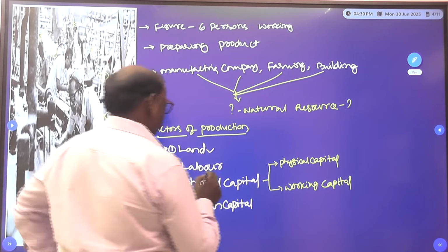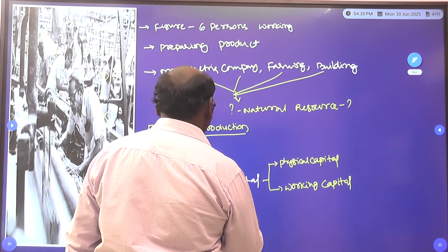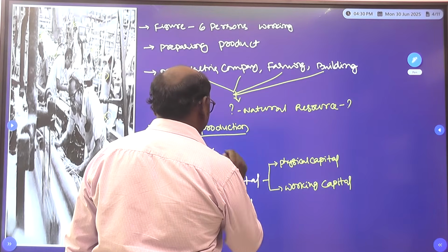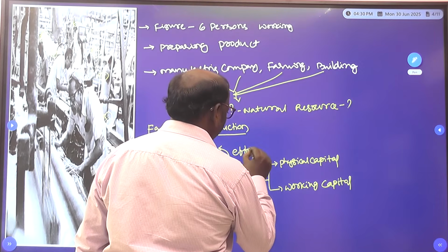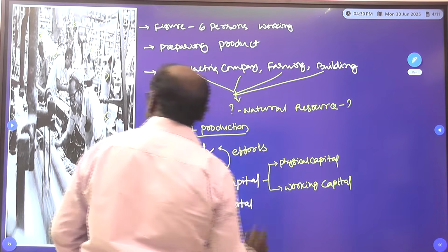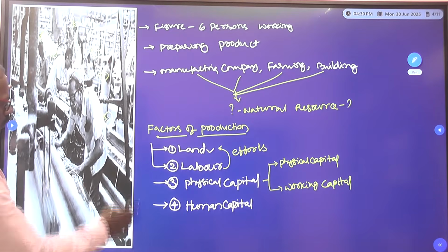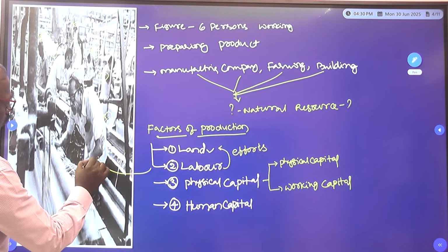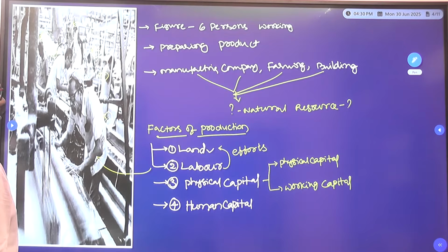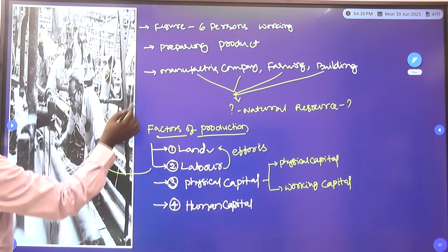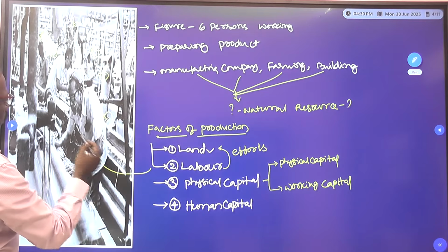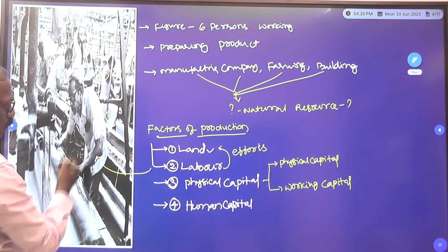Next, labor is also required, in order to put in the effort. Here, what are people doing? This is labor. All are labor. On top of land they have constructed one building, one company, and there people are working as labor.